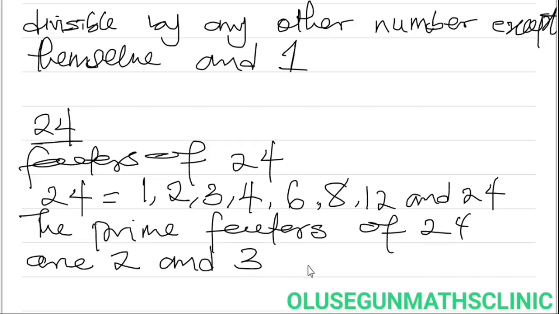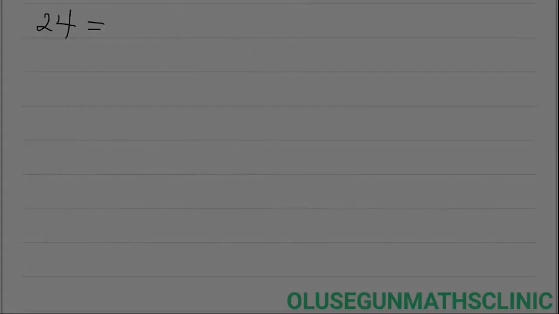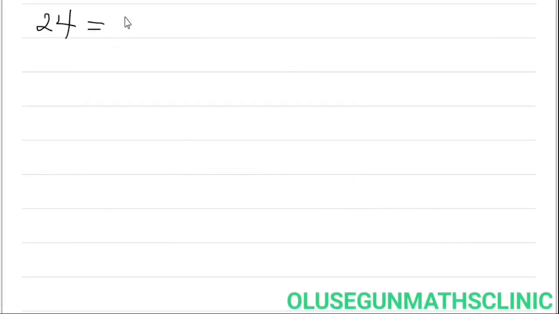So now we want the product of the prime factors, to get back the 24. You know that 24 can be written as 3 times 8 or 8 times 3.